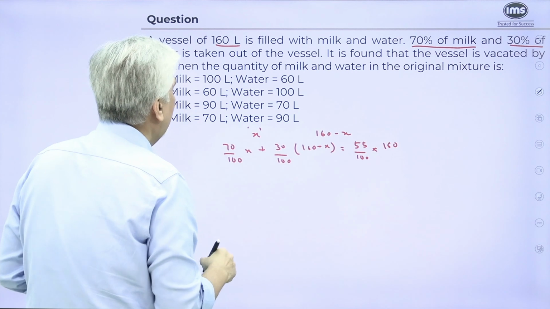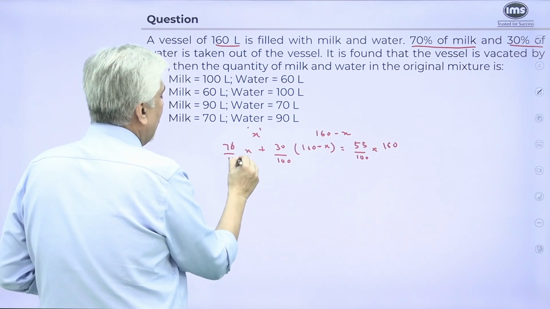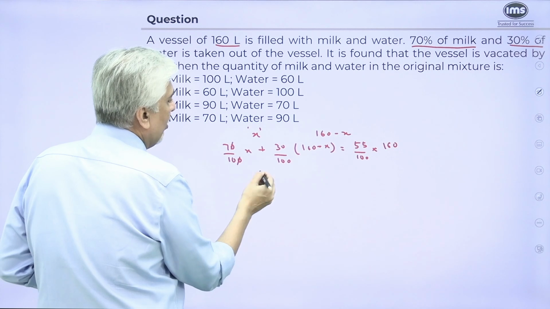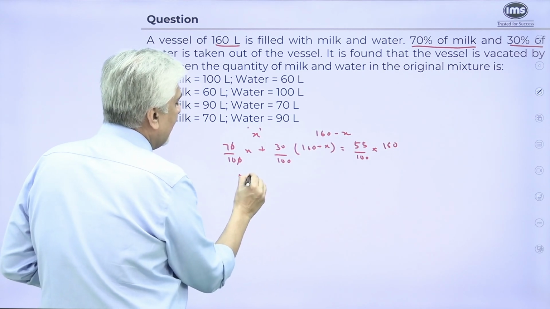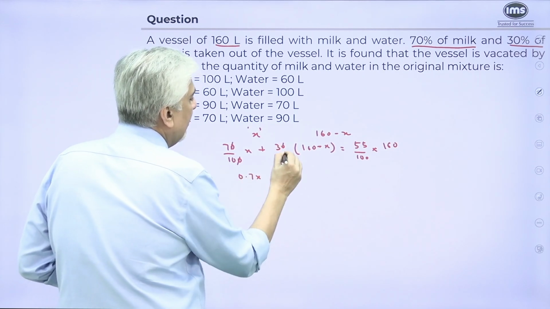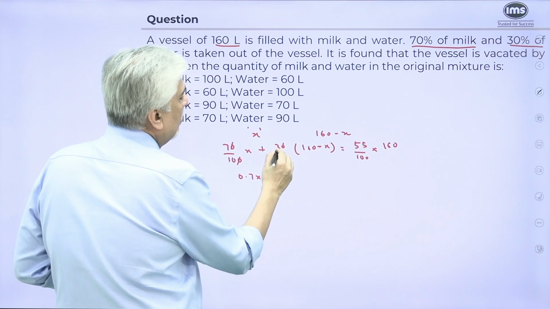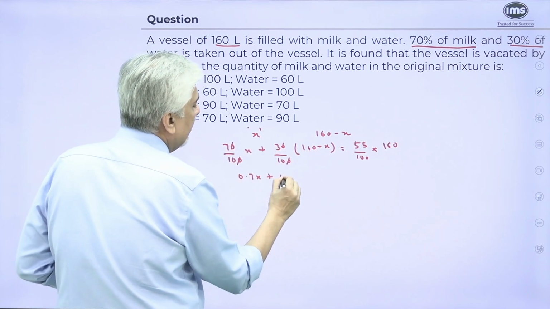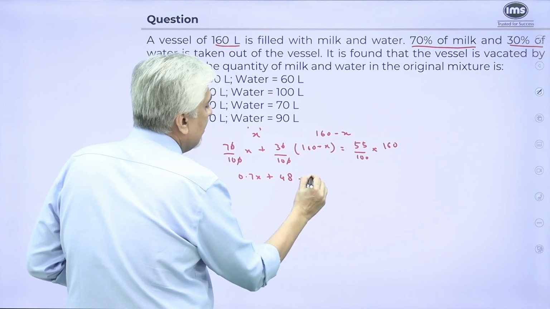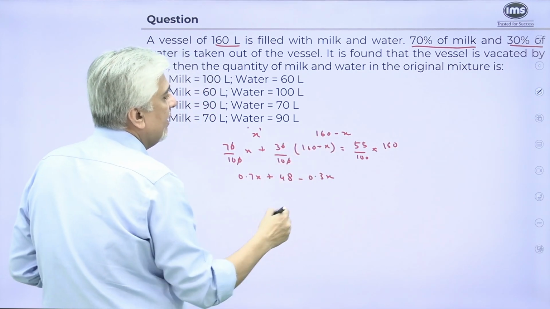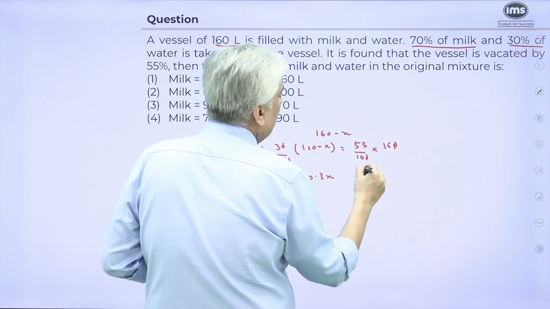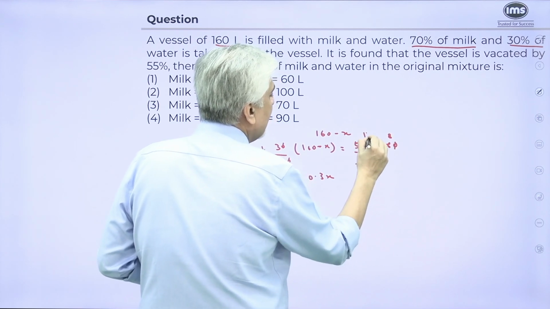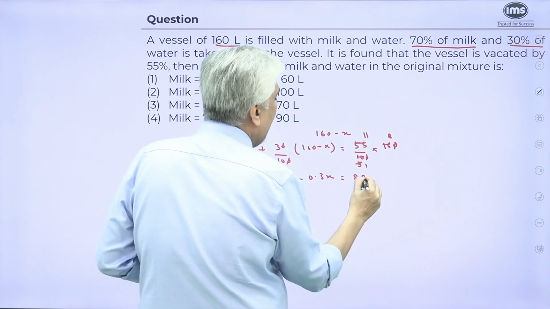Let's start solving it. If I cut a 0 out over here, I have 0.7x. 3 into 160 divided by 10, so that will become 48, minus 0.3x is equal to 88, cutting the 0 out.